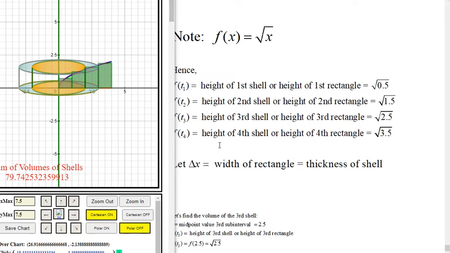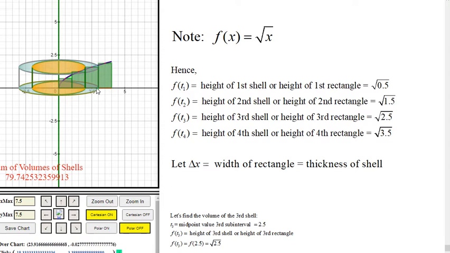Now the thickness of each shell, which is the same as the width of the rectangle, we'll call delta x. And so the width or the thickness of each shell will be 1. For shell number 3, the thickness, or the distance between the inner cylinder and the outer cylinder, is 1.